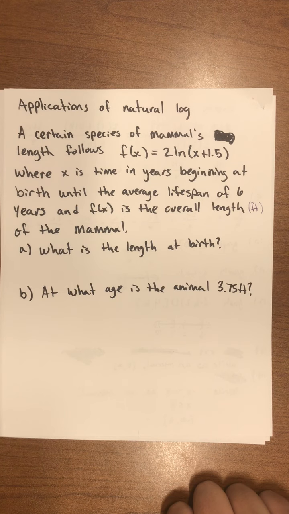Generally growth curves are logarithmic. It'd be kind of strange if an animal's size grew exponentially. We'd have some pretty large dogs, I guess. But as you know, as we get older, we tend to stop growing in height and things like that, but when you're young, so that is generally a logarithmic model.